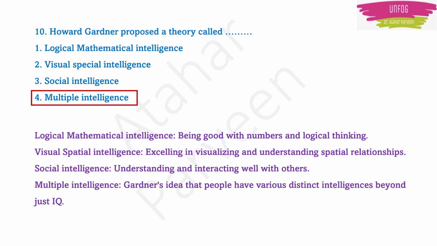Social intelligence means understanding and interacting well with others. Whereas multiple intelligence is the one wherein people can have various different types of intelligence beyond IQ. So this concept of multiple intelligence was given by Howard Gardner. Okay. So option 4 is the correct answer.